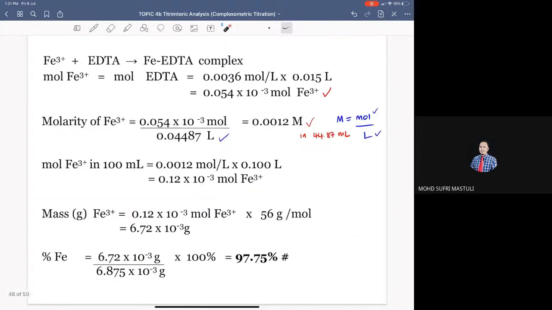So the mole in 100 ml, same formula, but we know the molarity already. Molarity is mole per liter, so we can calculate the mole. We know the molarity, and the volume is 100 ml, equivalent to 0.1 liter.